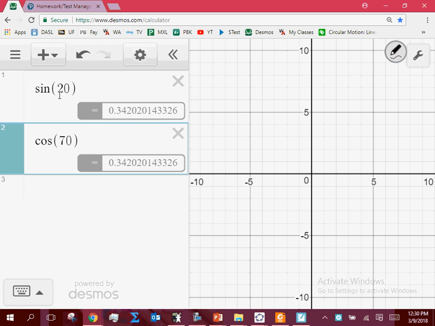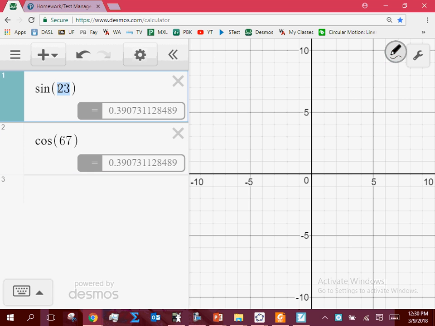Sine of 20, 0.34, cosine of 70, 0.34, right? Do any angle measurement you want here. If this is 23, this would be, what, 67? Are those numbers the same? Okay. And I could put 67 here and 23 there.